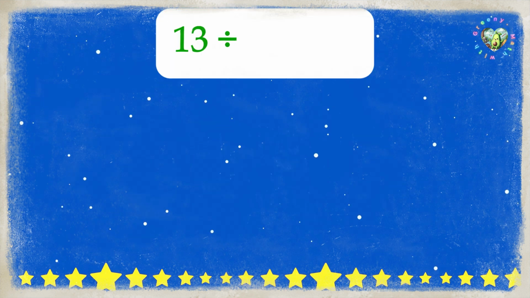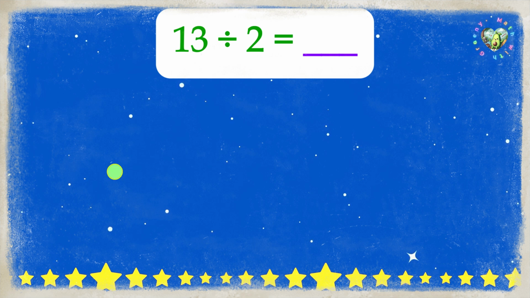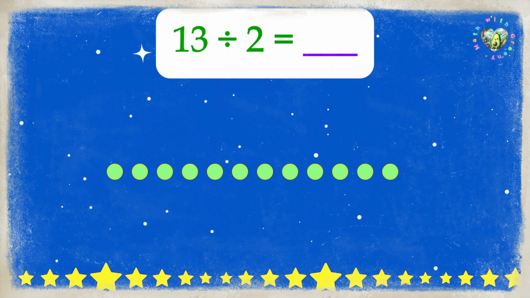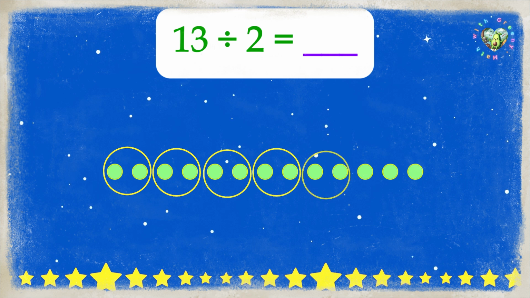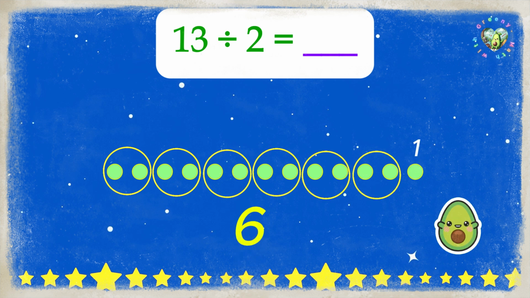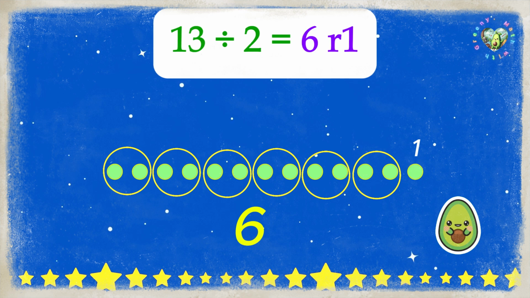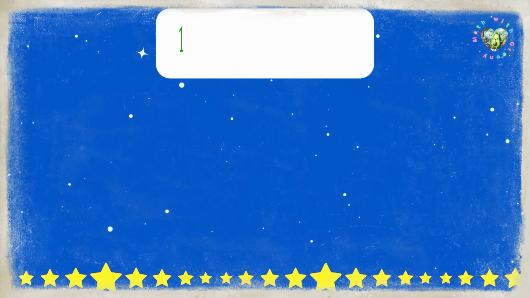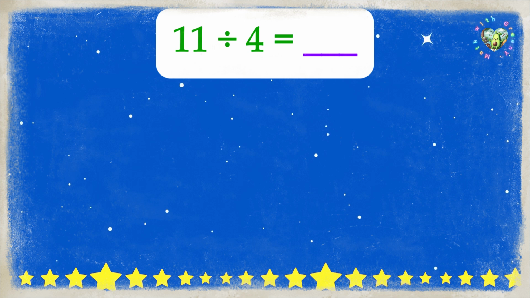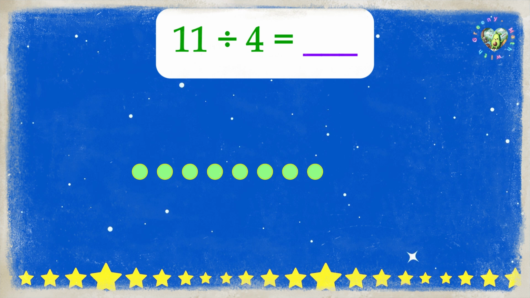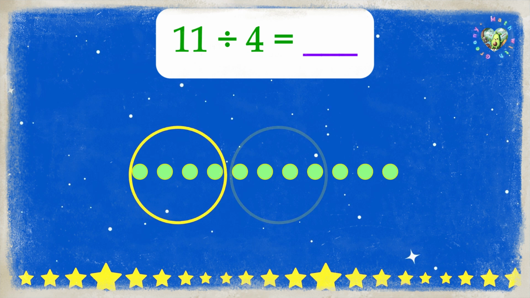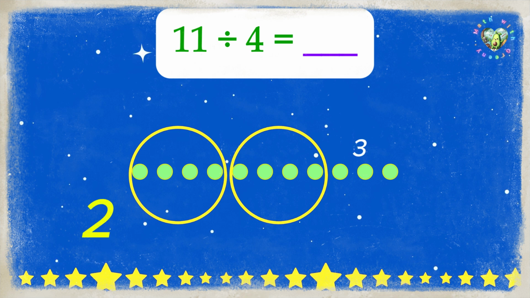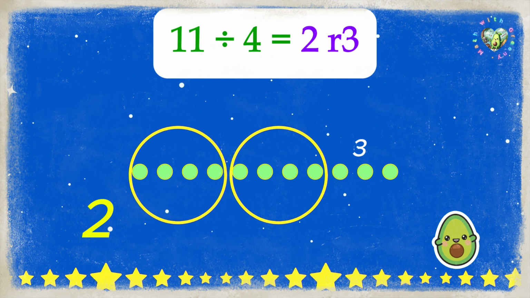Next, 13 divided by 2. 13 divided by 2 equals 6 remainder 1. Fantastic! Next, 11 divided by 4. 11 divided by 4 equals 2 remainder 3.